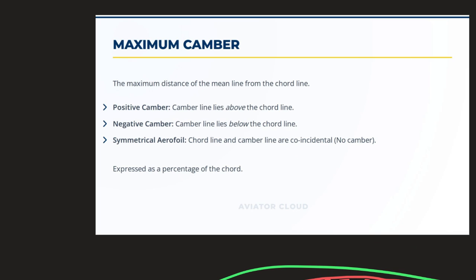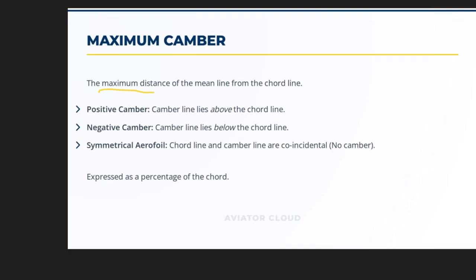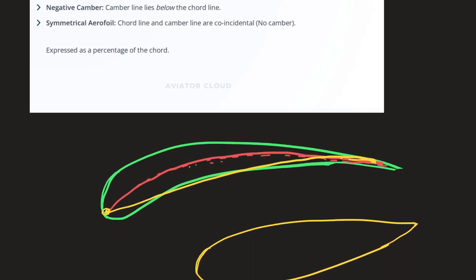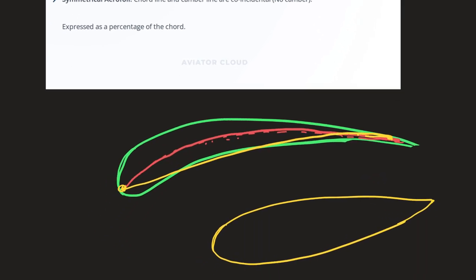Maximum camber. What is maximum camber? The maximum distance of the mean camber line from the chord line. So this mean camber line is the red line. This is the camber line because it is equidistant. You can see this is equidistant from the upper and the lower surface of the wing.